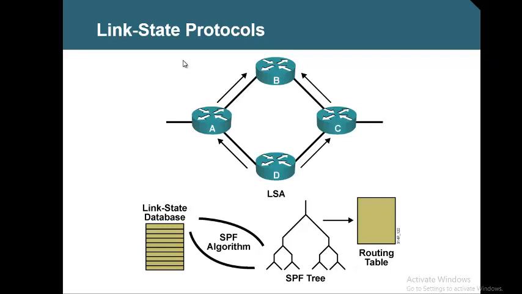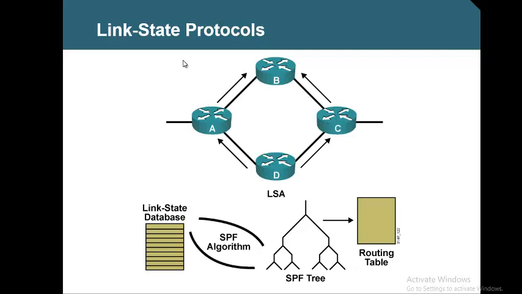So OSPF has this flexibility of you determining what path to use. If you prefer a path over the other one, then give low cost to the preferred path. Don't care about bandwidth. Even if it is small bandwidth, the path will be preferred because you have given a cheaper cost.